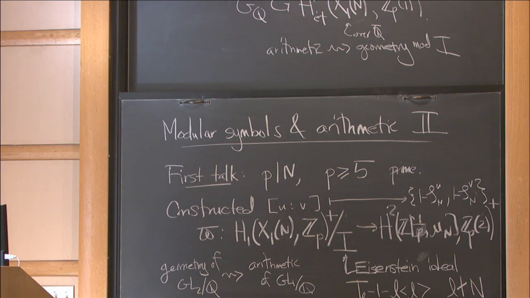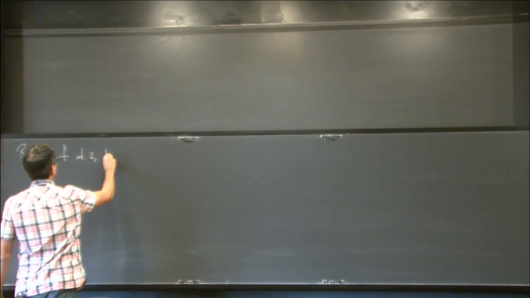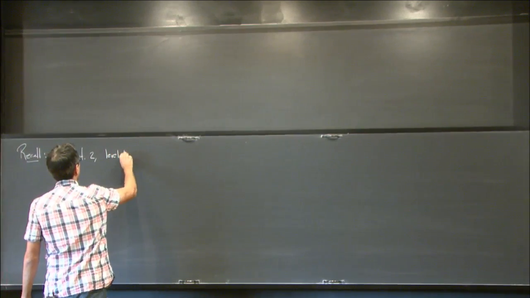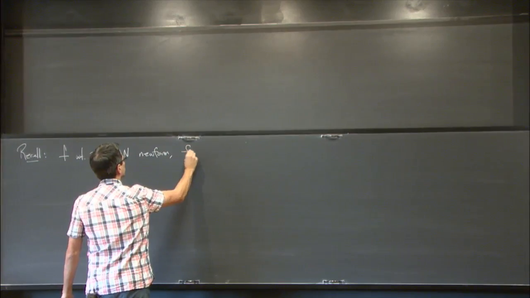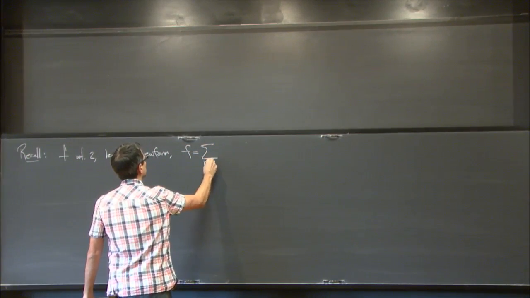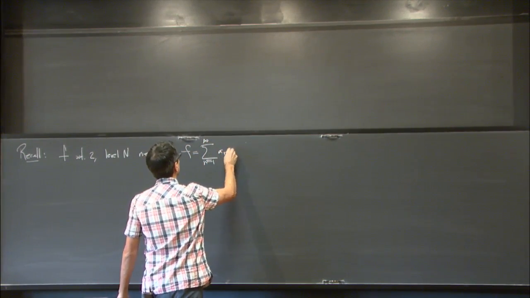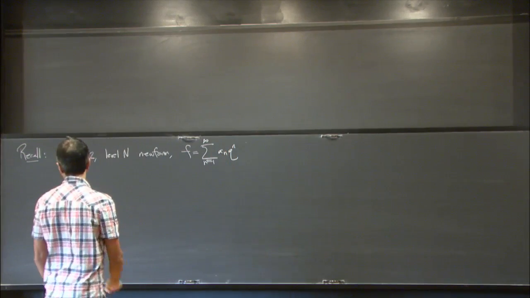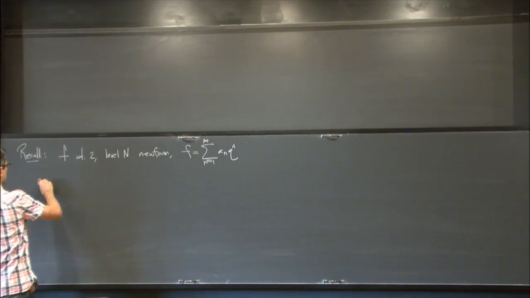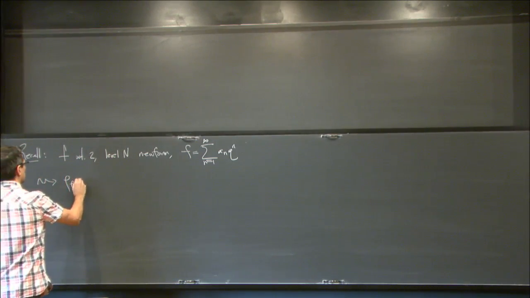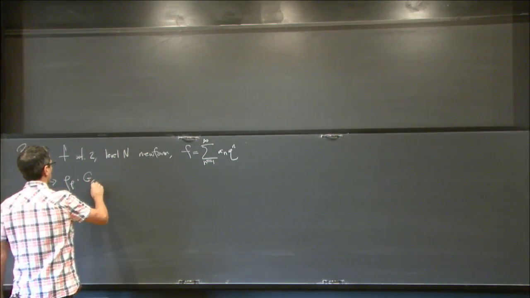So if f is a weight 2, level n newform, so suppose it has a q-expansion like this, we have attached to it a Galois representation.